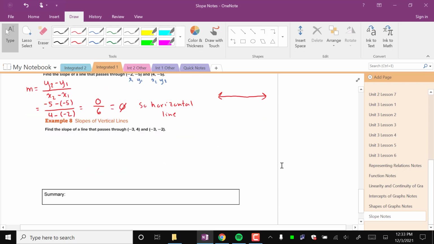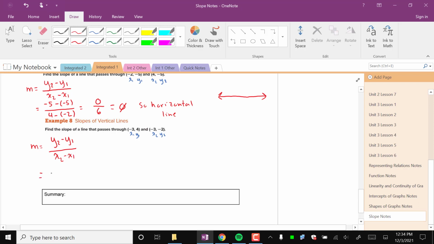And let's take a look at our last example. My first point is my x1, y1. My second point is my x2, y2. Put those into my formula. m equals y2 minus y1 divided by x2 minus x1.